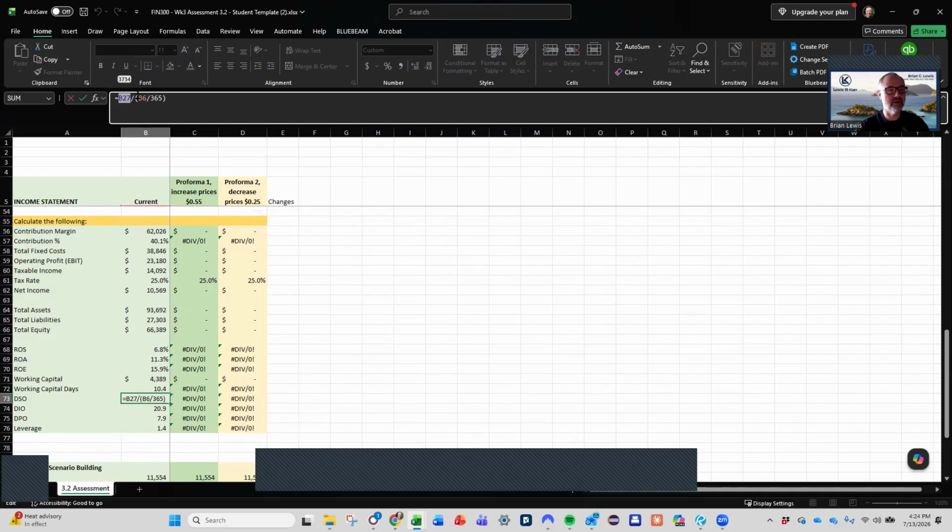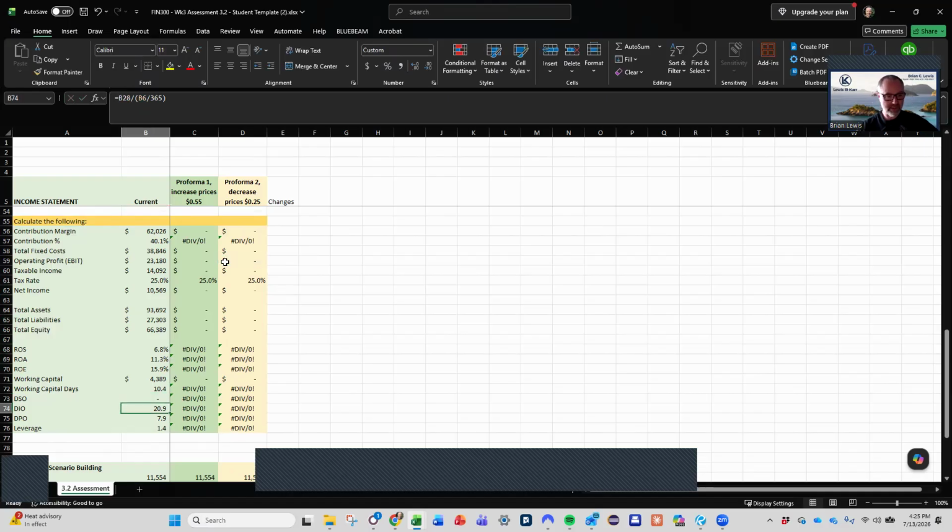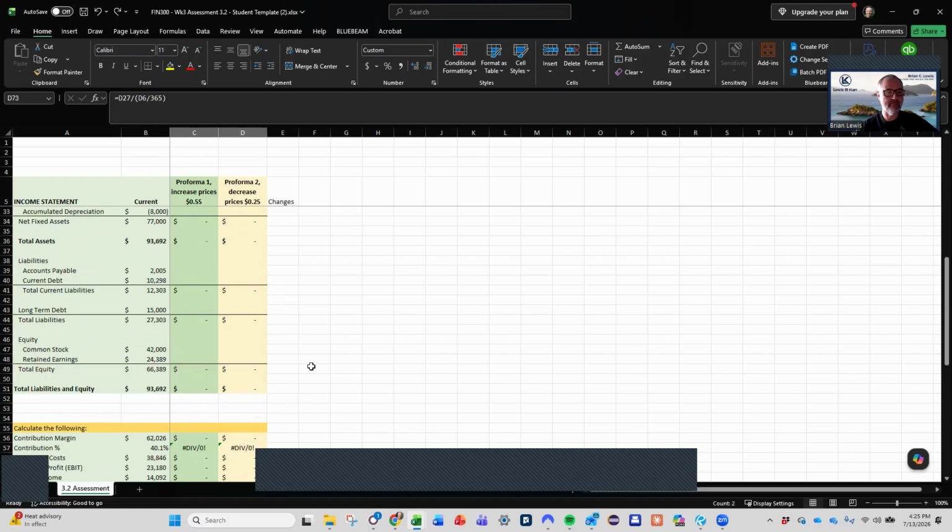So all you've got to do is plug in the new revenue number, or do a calculation to put in the new revenue number, in order to calculate the unknown, which is the accounts receivable, to get you back to an 8.8 in these numbers.